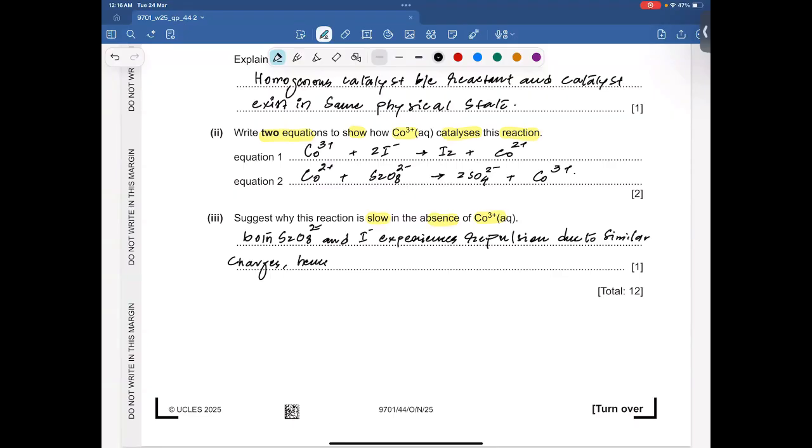Hence, they will have a higher activation energy. So this makes the reaction slow. Oh, that's the end of question number 4. Let's move on to the next question.